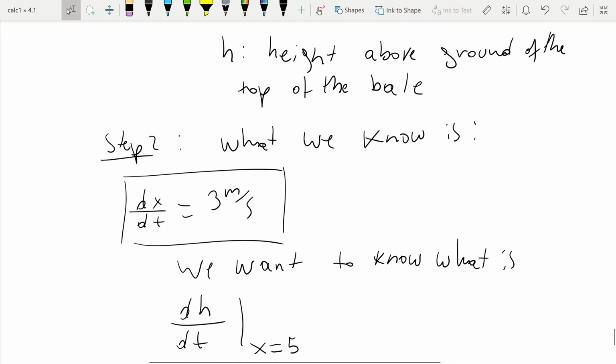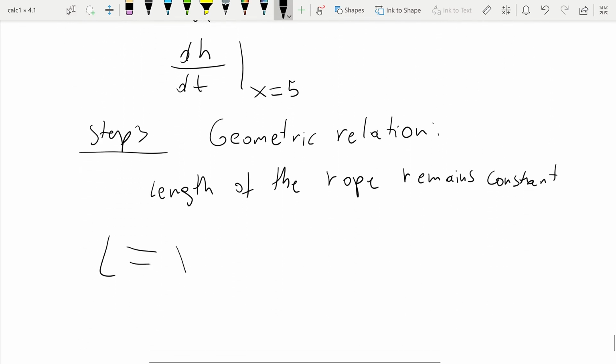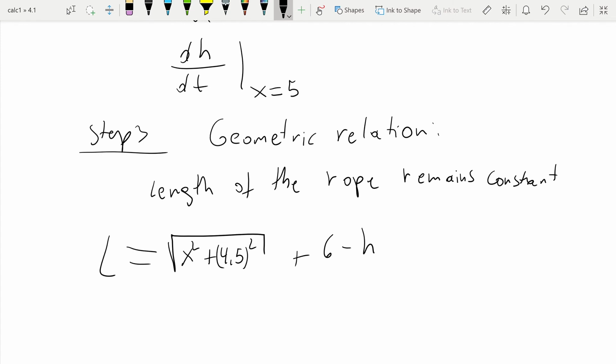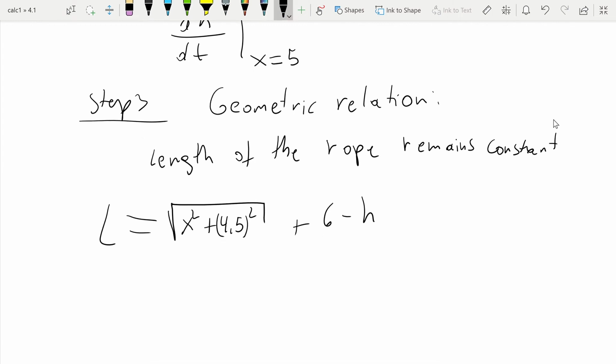And so we have the total length of the rope is the square root of x squared plus 4.5 squared plus 6 minus h, and that should be constant for all time. And as such, what happens when we take derivatives with respect to t on both sides? The derivative of L is 0 because it doesn't change with time.